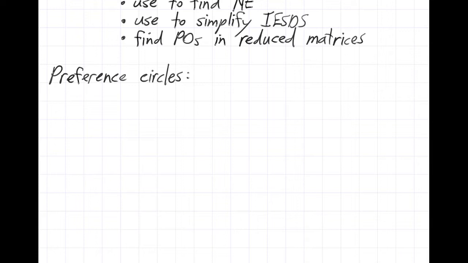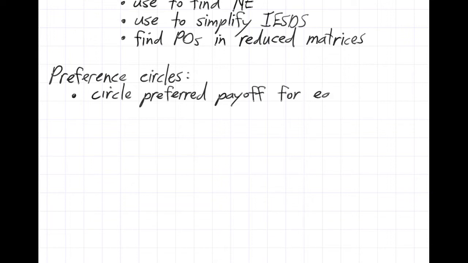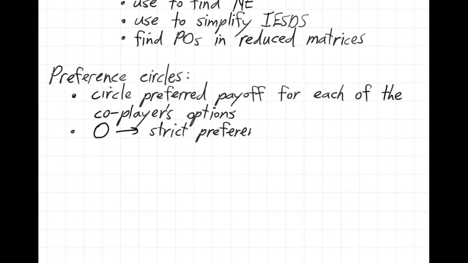The idea is that you simply circle preferences that are preferred for each payoff given each of the co-players' options. And we'll use a solid circle to indicate strict preference, meaning that that option or outcome is better than any of the alternatives.